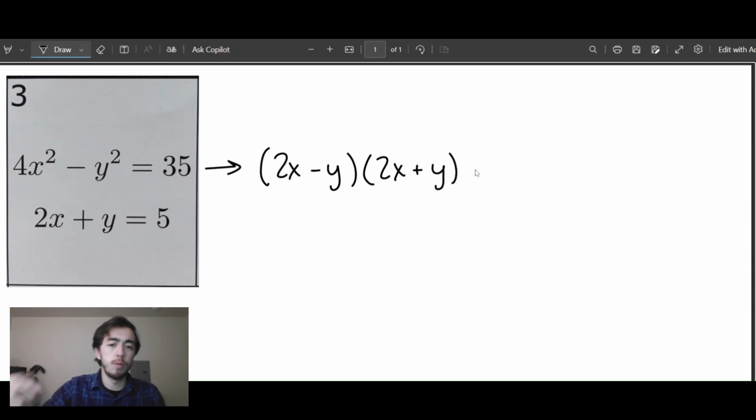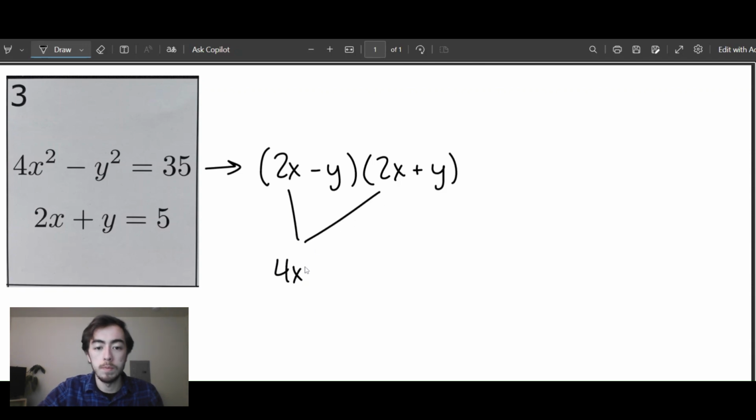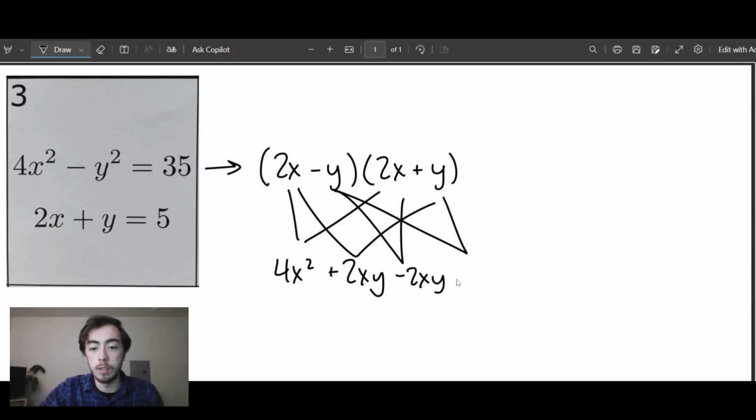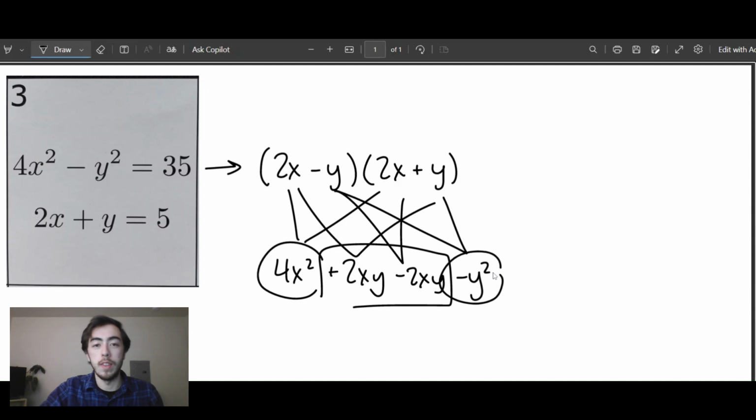Just to prove why this is the case, if you redistribute these binomials, you can multiply the two first terms together, then the outside terms, and then the inside terms, so there'll be a minus 2xy, and then finally the last terms together, so minus y squared. And this plus 2xy and minus 2xy are going to cancel out, leaving you with just that 4x squared and that minus y squared, basically where we were at the start of the problem.